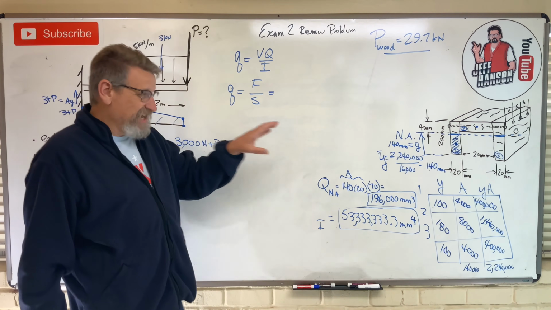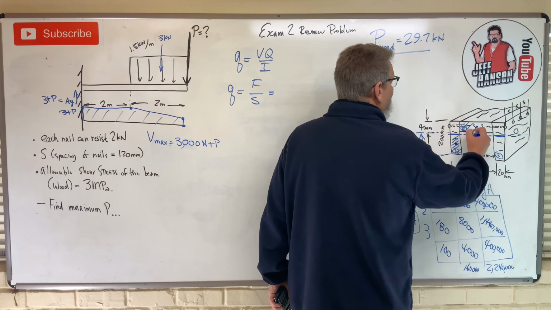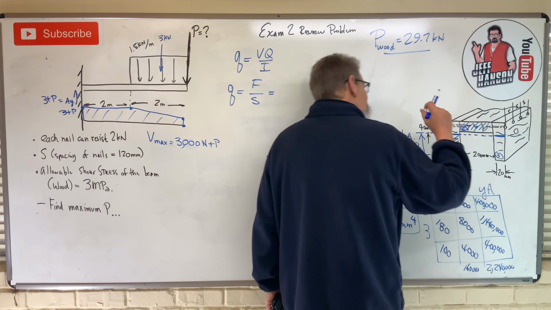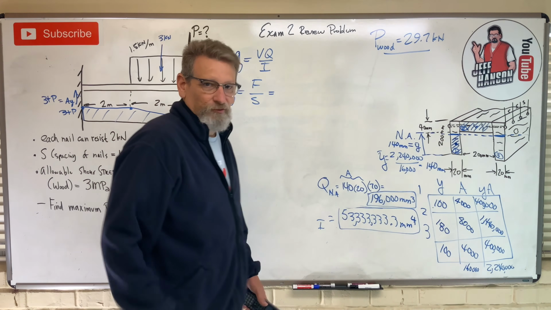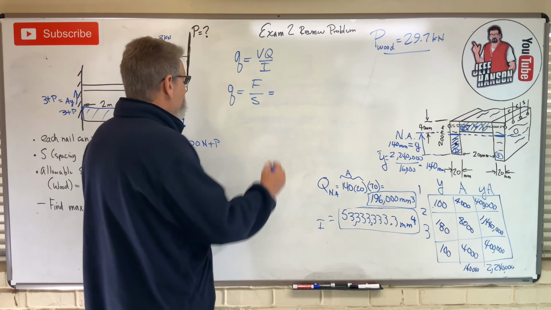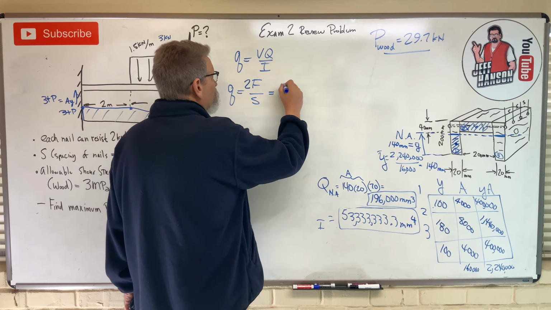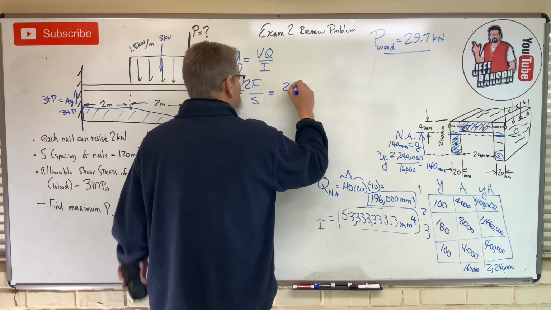But when I'm going to make that middle board tear out, to make that beam fail, to make those nails fail, I've got to tear through 2 of those. So I've got to put a 2 right there. So I've got 2 times 2 kilonewtons.